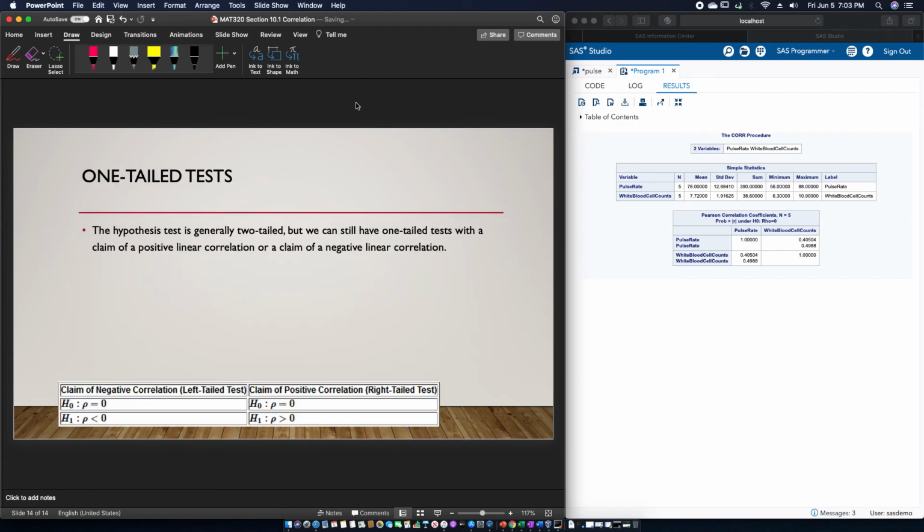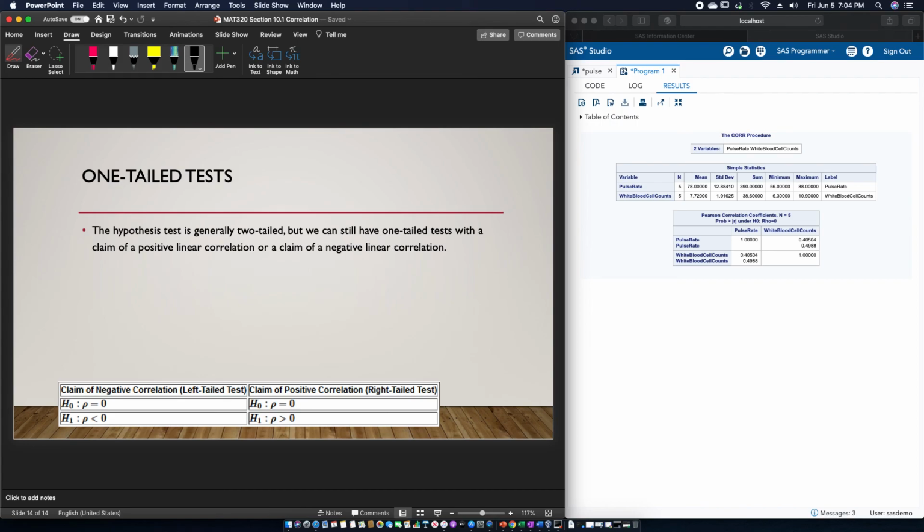And then one last thing, for the most part, most of the hypotheses that we can make are generally two-tailed tests with regards to the test about the correlation coefficient.